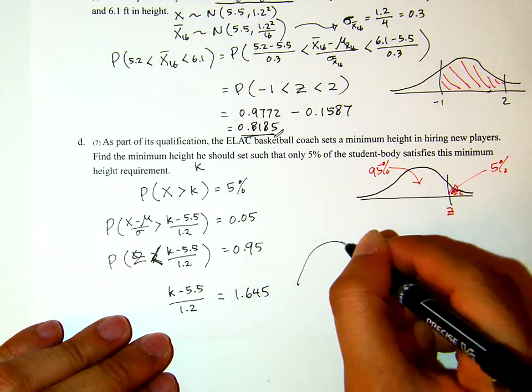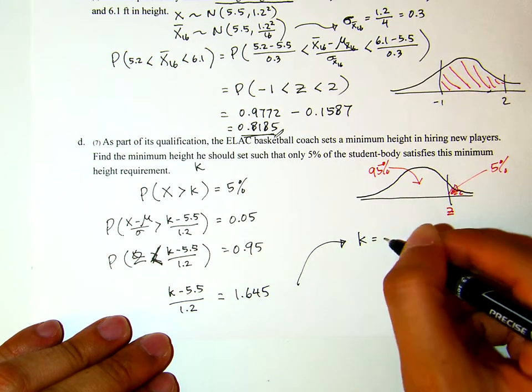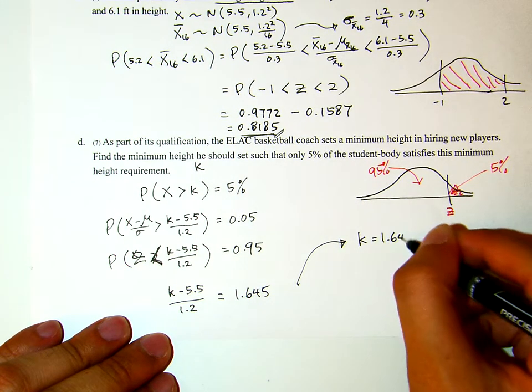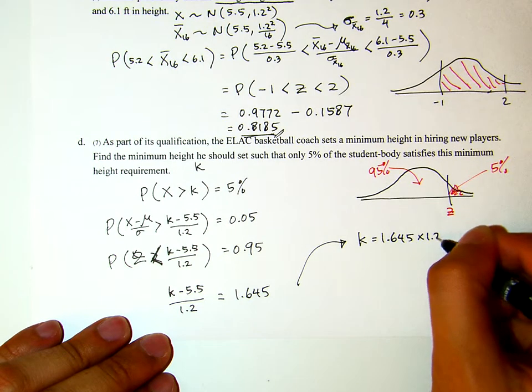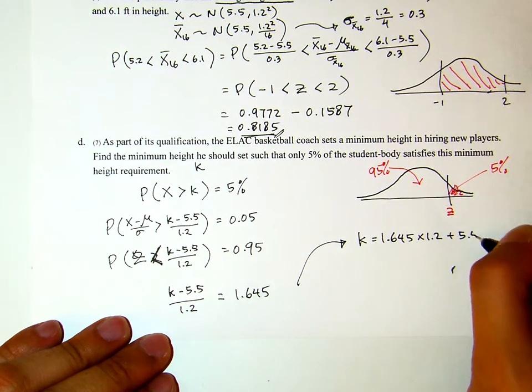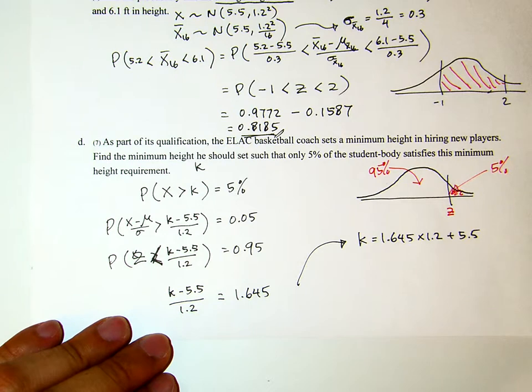That way, K equals 1.645 times 1.2 plus 5.5. If I use my calculator, 1.645 times 1.2 plus 5.5 is 7.474.